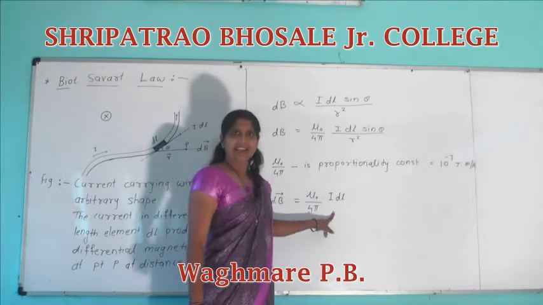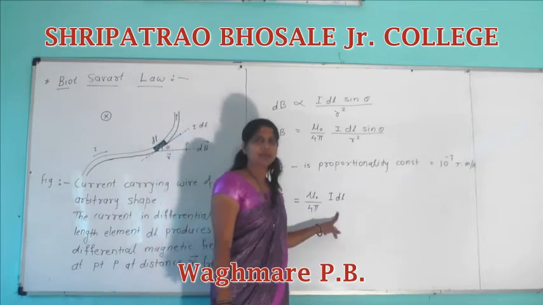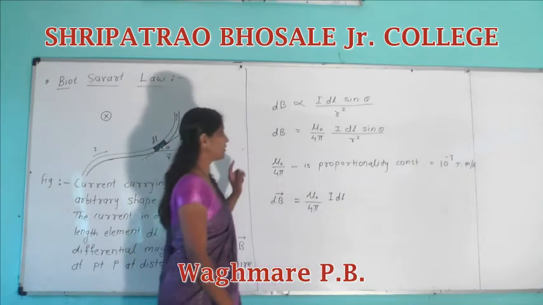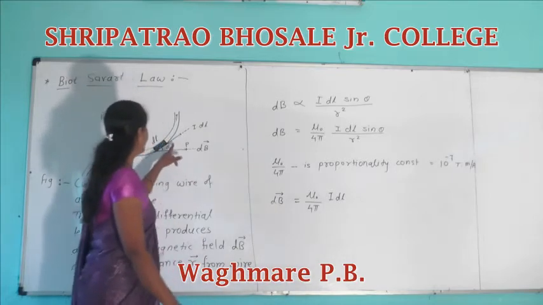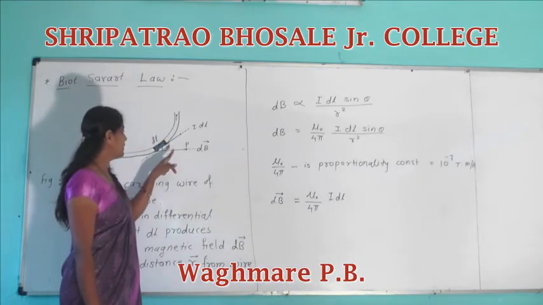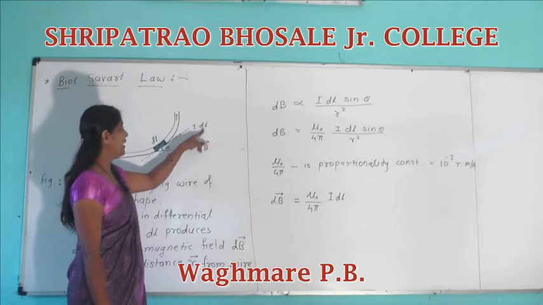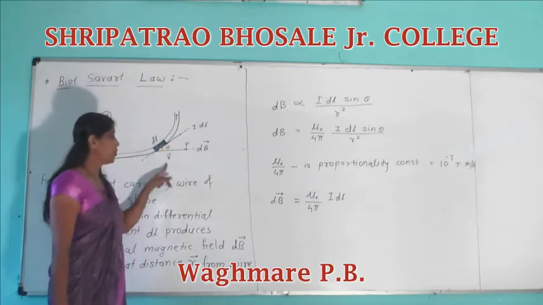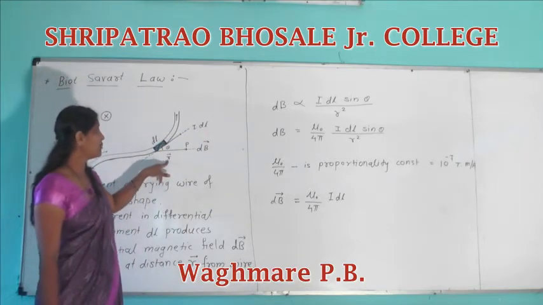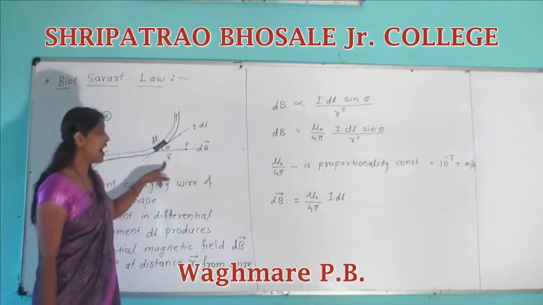We have to take a cross product of two vectors. Here theta is the angle between r and dl, therefore we have to take a cross product of dl and r.